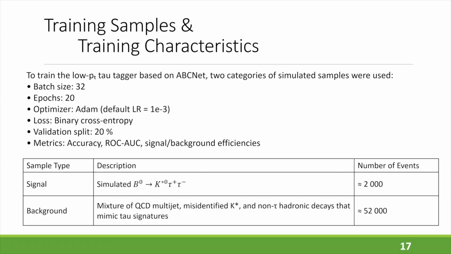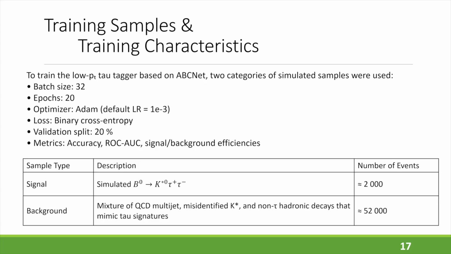This is training samples and training characteristics. There are some of them. The main takeaway of this slide is that our signal process is Z boson decaying into tau anti-tau pair.